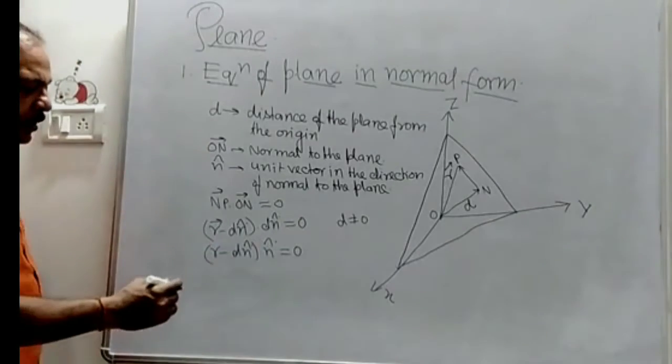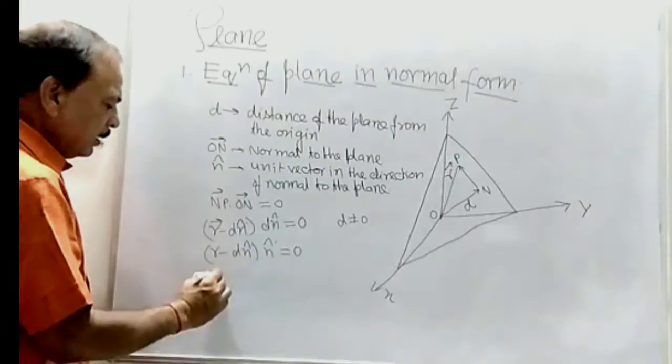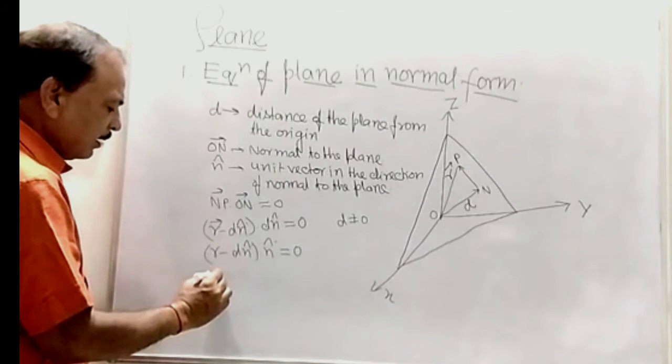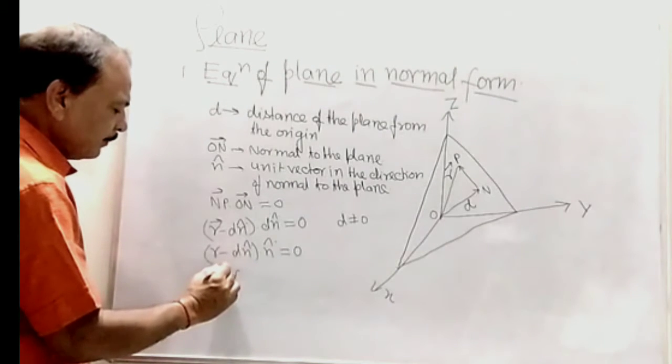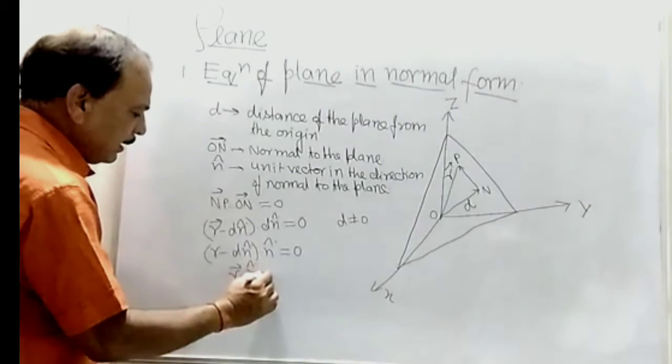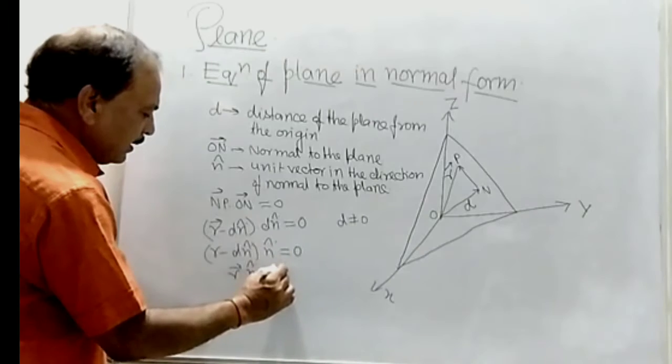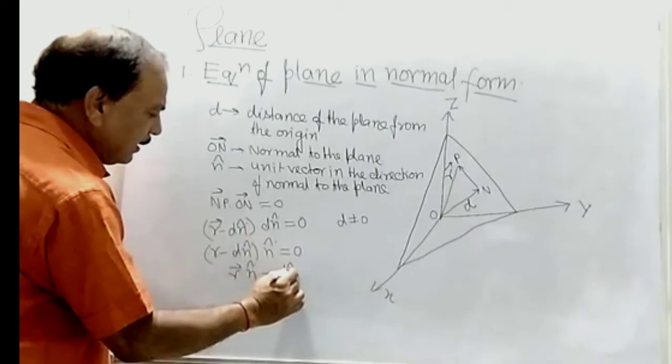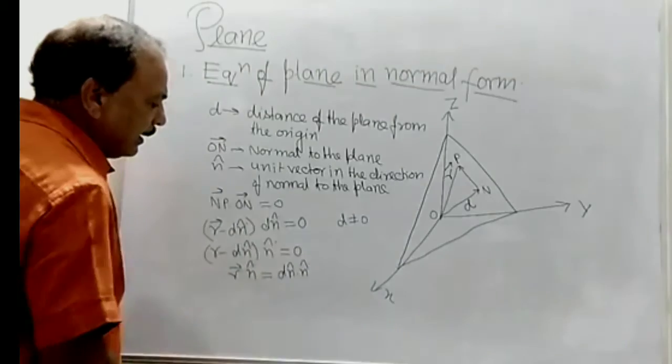Now if you write the dot product, then you can write r dot unit vector n equal to d times unit vector n dot unit vector n.